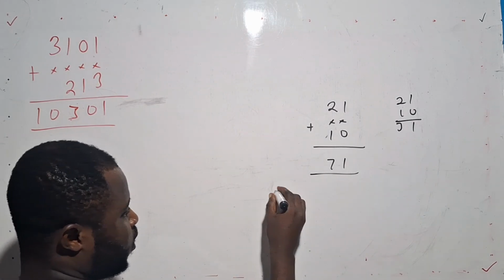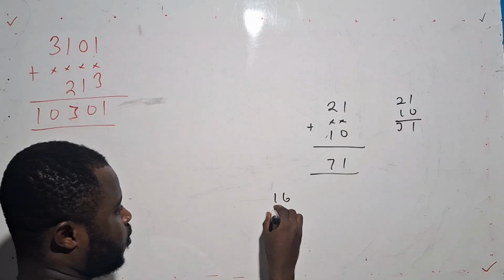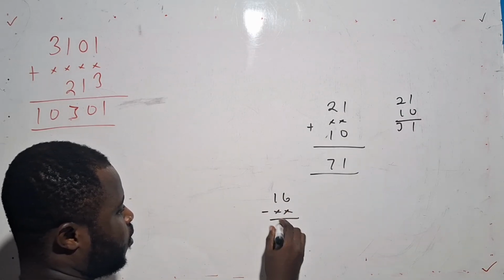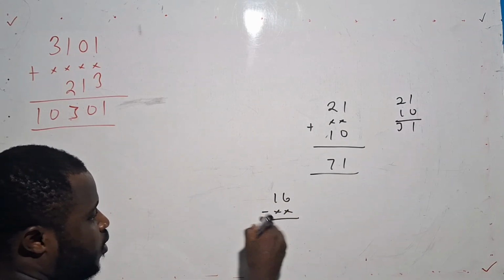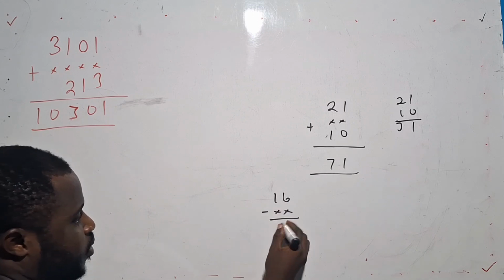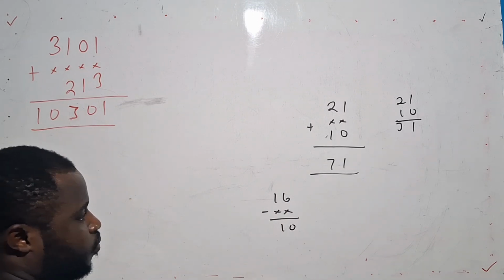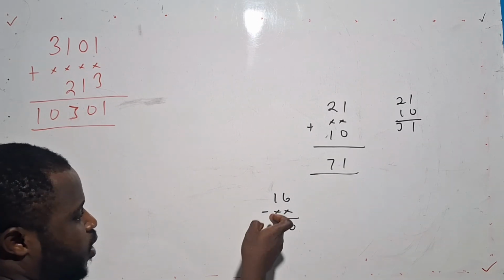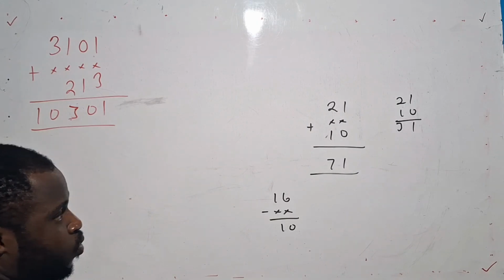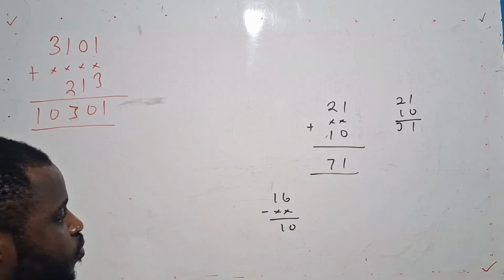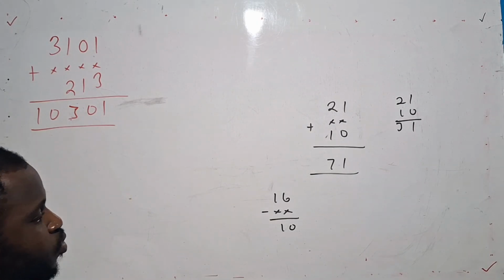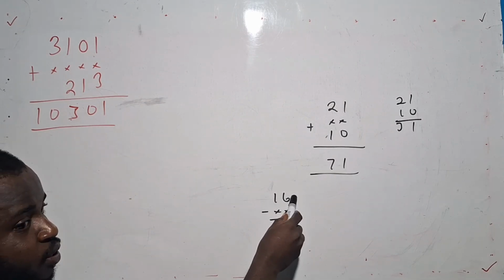Unlike the addition one, if I have 6, a number, the subtraction one, minus a number gives me maybe 10, how do we get the missing number? In the subtraction one we did, to get the missing number, you have to subtract this from this.